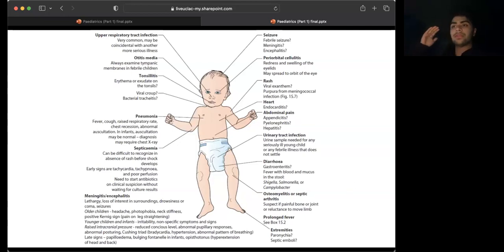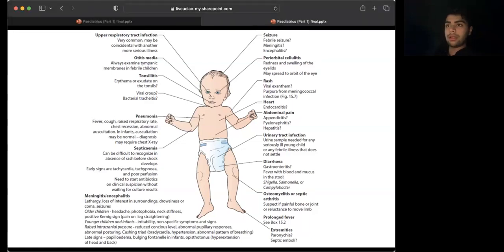That's why you start from the top with meningitis and encephalitis, down to the throat, so pharyngitis, upper respiratory tract, the ears, otitis media, and then the heart, from infective endocarditis, the lungs, and then the bowels from gastroenteritis, the bladder for UTIs, and then down to the bones for osteomyelitis and the knees for septic arthritis. You can read that in your own time if we send the slides.